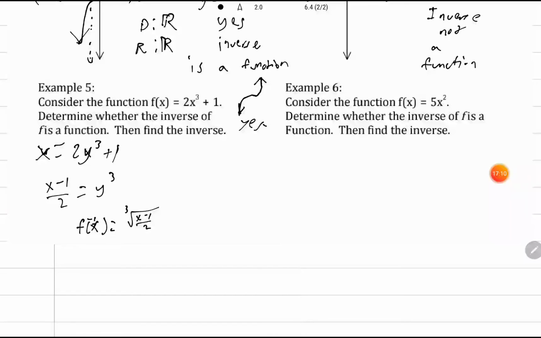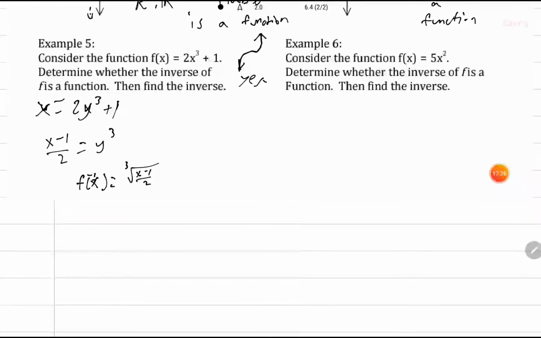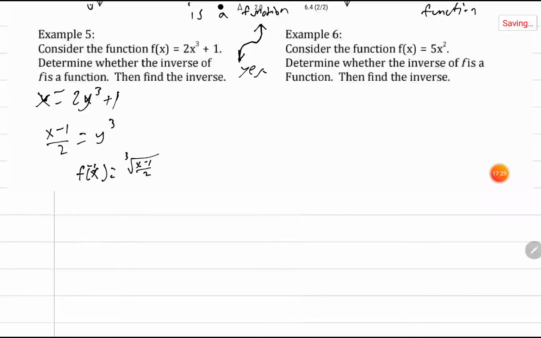And then we look at the domain and range of each of these, and if they're switched, then they work. The cube root of anything can be anything. There's no restrictions. x can be negative, or the number under the radical could be negative.